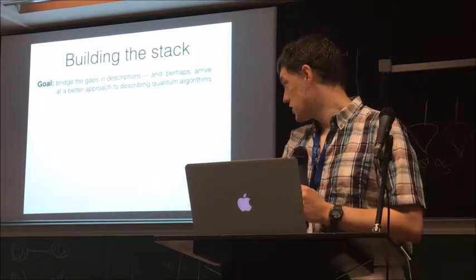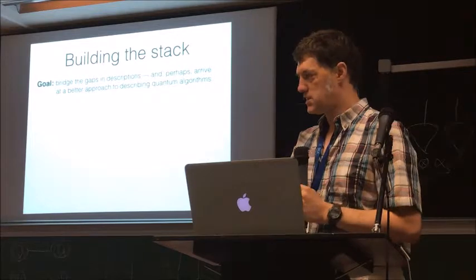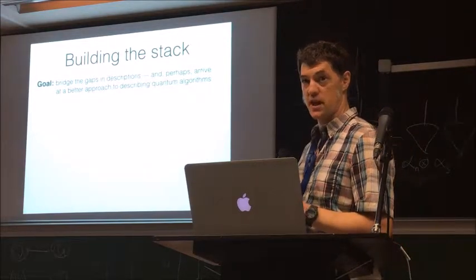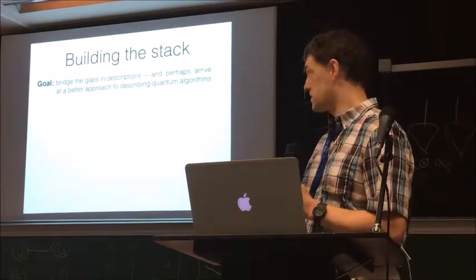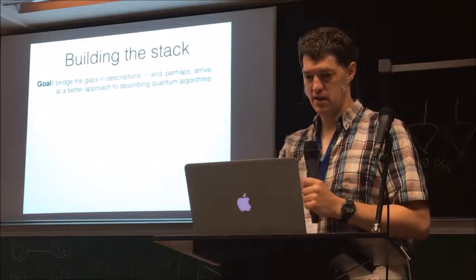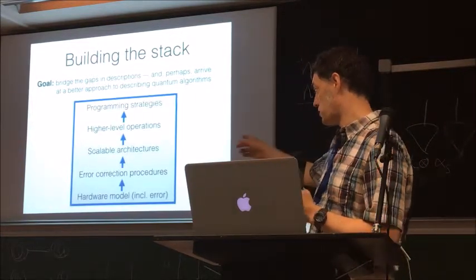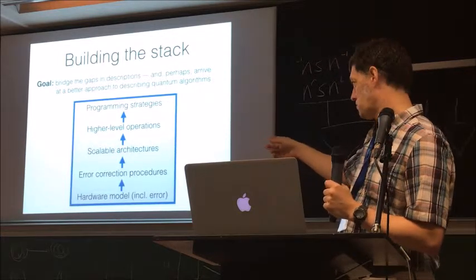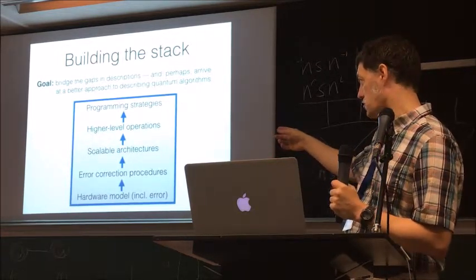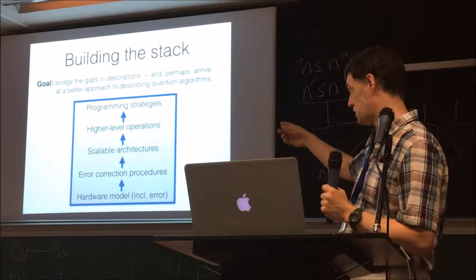So essentially, I think the sexy term for this in Silicon Valley is full stack: building this stack from the bottom to the top, bridging the descriptions, where we have the hardware modules. Given the hardware model, we talk about how we're going to deal with error correction, and how the error correction motivates particular architectures.